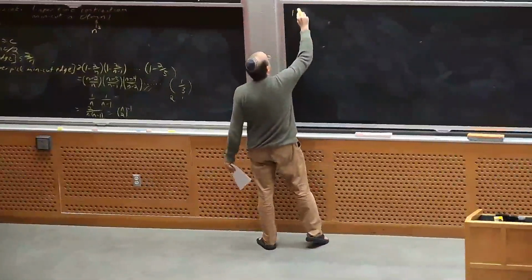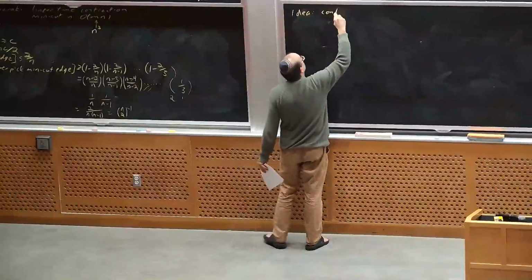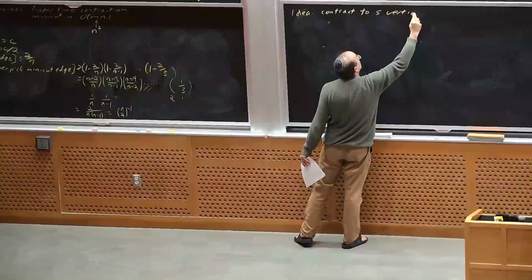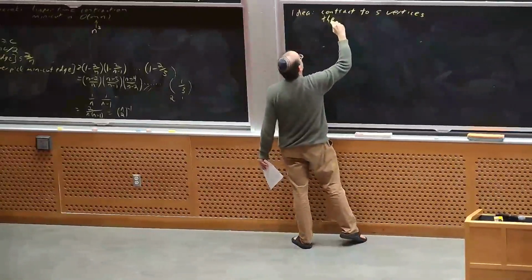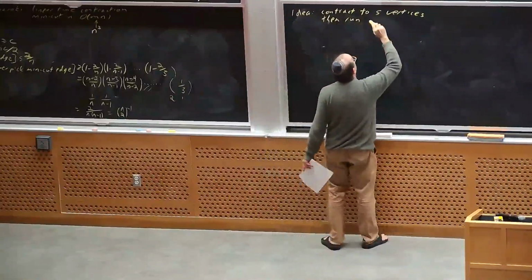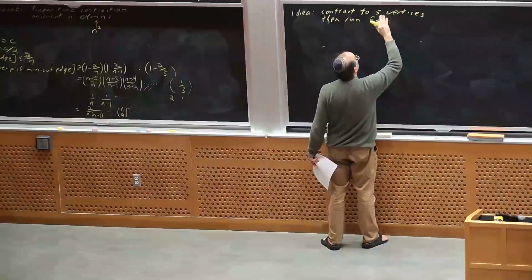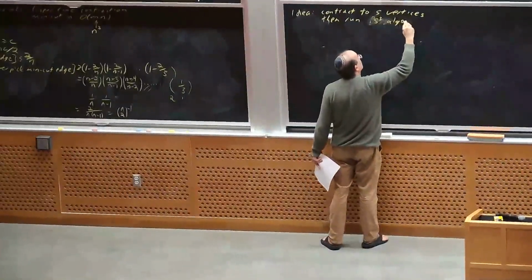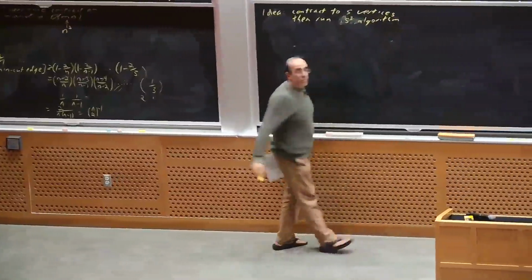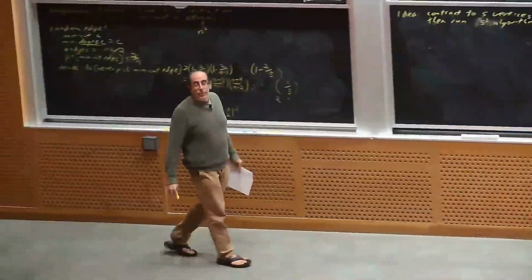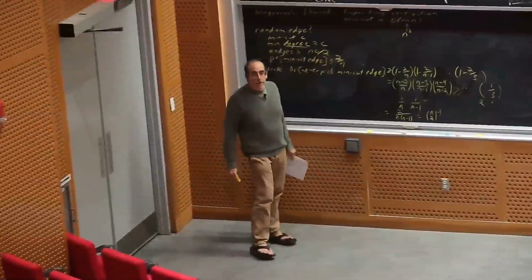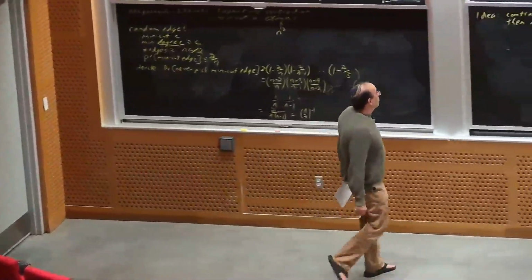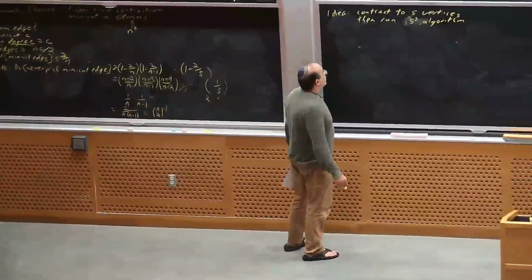So, idea. Let's contract to some, say, S vertices. Then run our S cubed algorithm. We can choose S however we like, but let's think about what we should do.